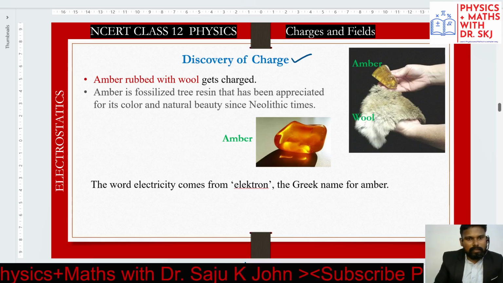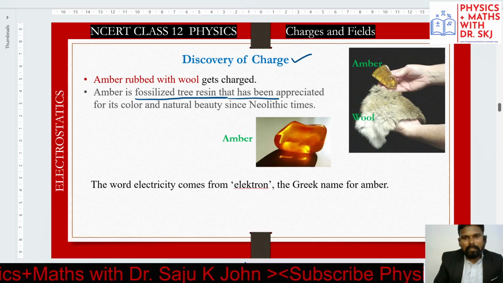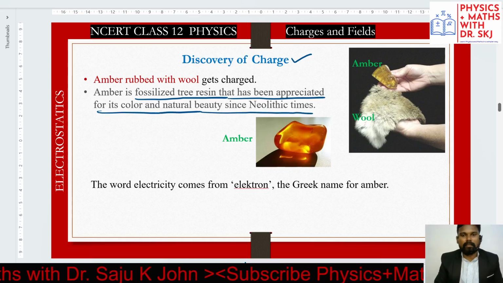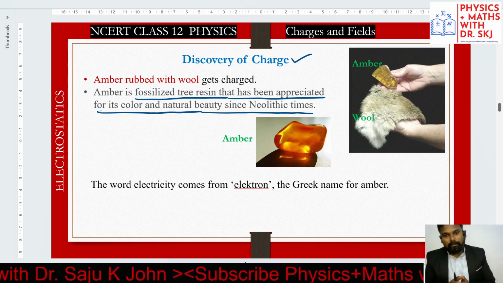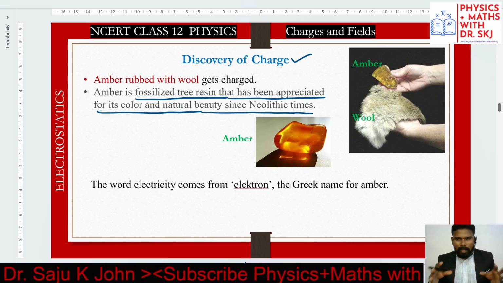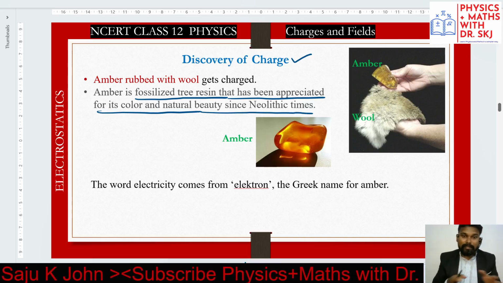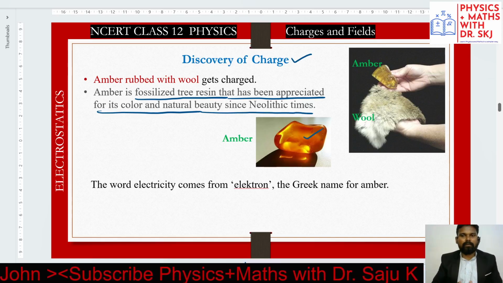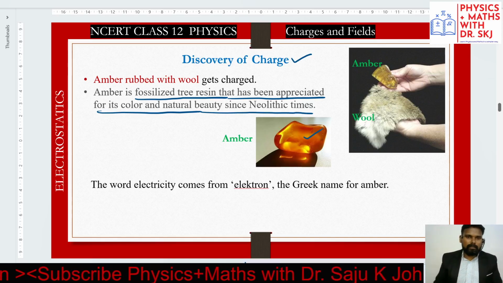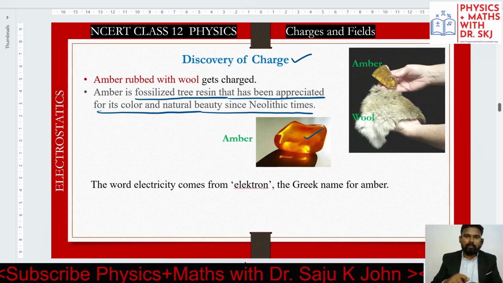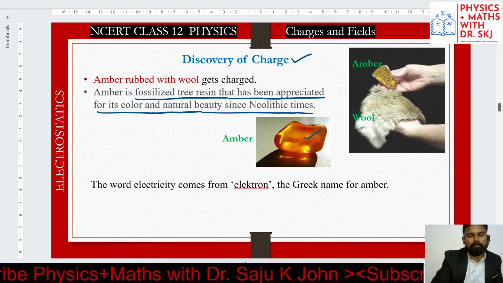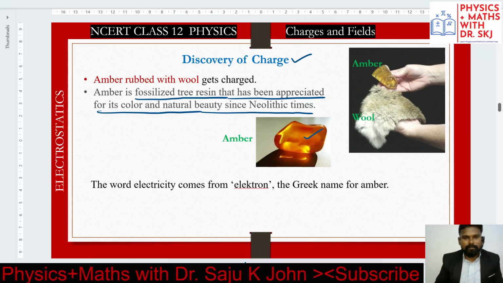Amber is a fossilized tree resin that has been appreciated for its color and natural beauty since Neolithic times. It's a beautiful gemstone. When people rubbed it with a woolen cloth, the amber got charged. It could attract small paper bits, fibers, etc.